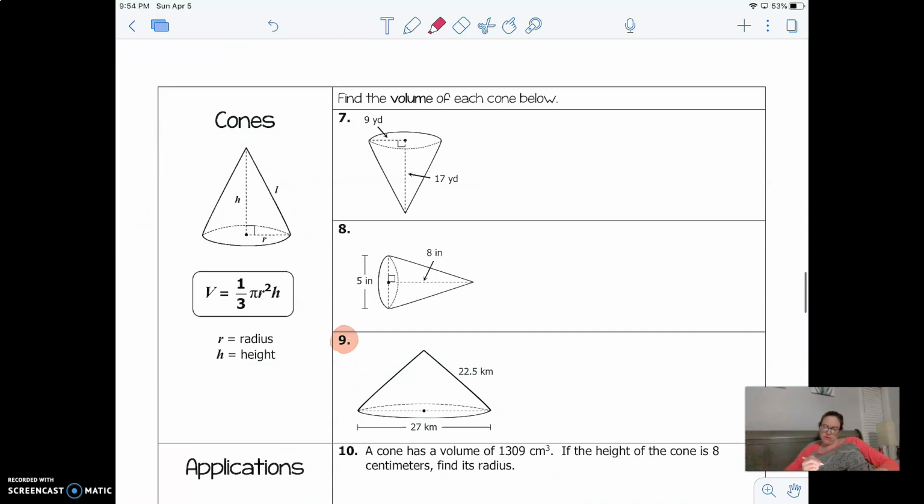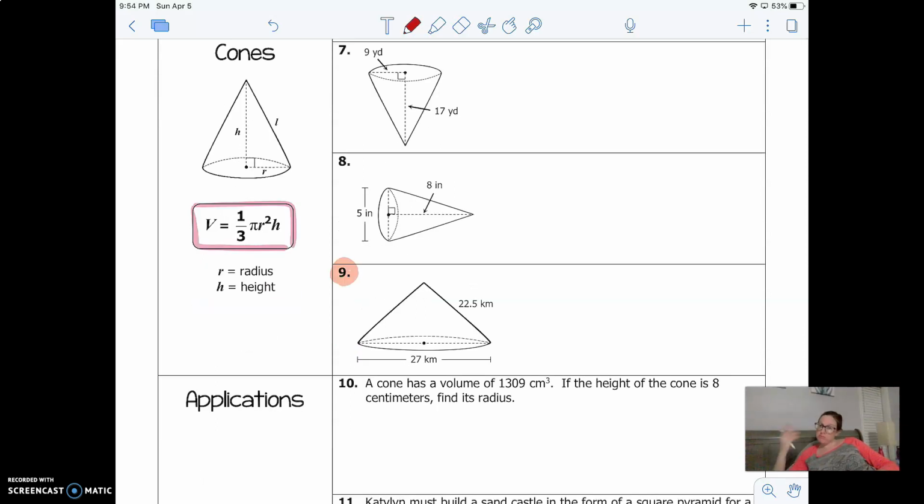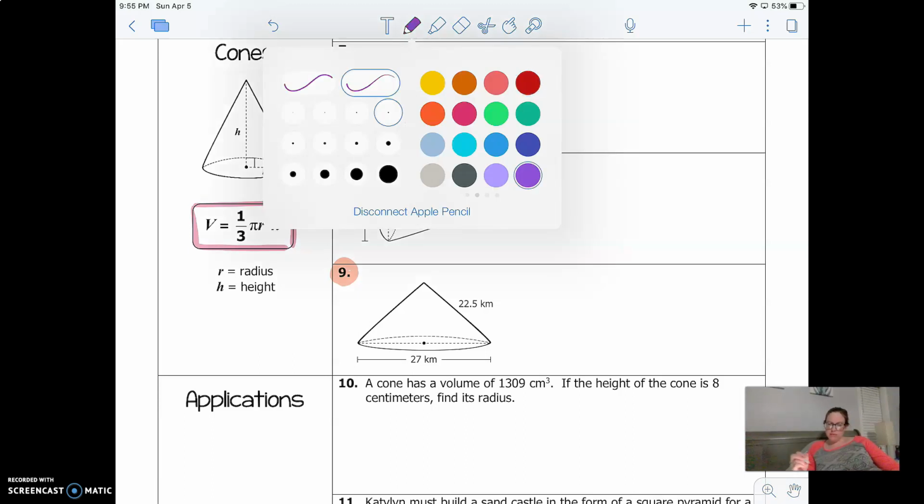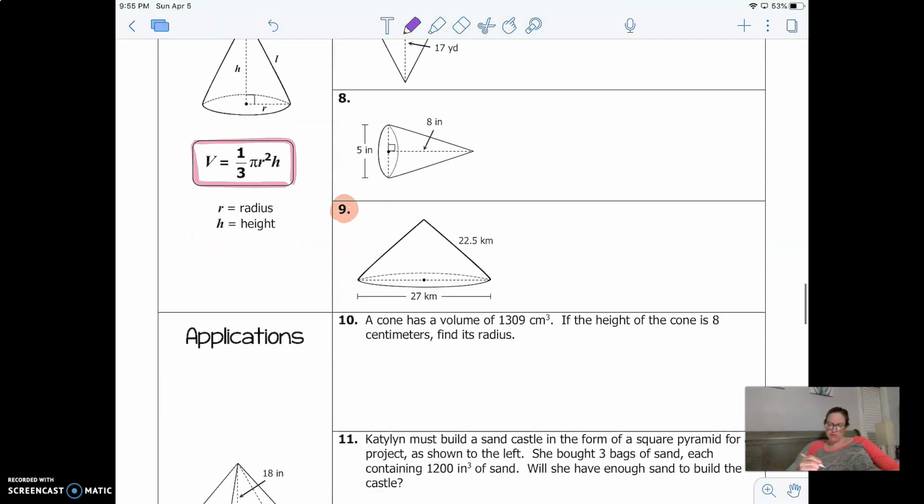Alrighty, so the formula for a cone is very similar again, but instead of having a capital B for area of the base, well, the base is always circular. So it's 1/3 of pi r squared times the height. And so we'll do a real quick example here. Number 9. This is a good example because we have to do a little bit extra work for this one.